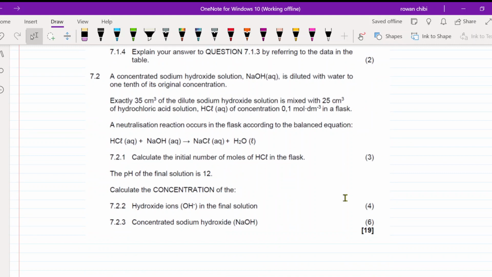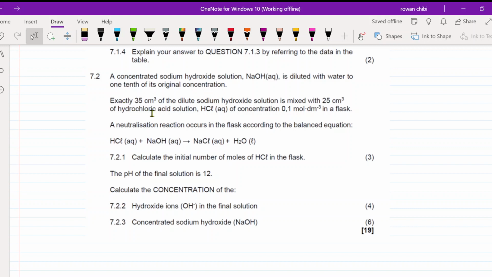stoichiometric calculation question, 7.2. Now they said in 7.2, a concentrated sodium hydroxide solution, NaOH, is diluted with water to 1/10 of its original concentration.